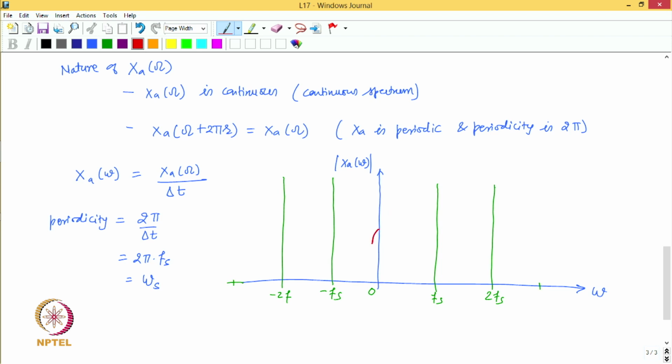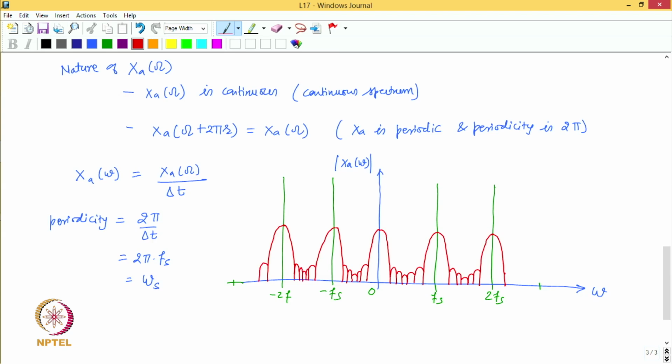We will have the spectrum like this, and something like this, and similarly here also, and so on.